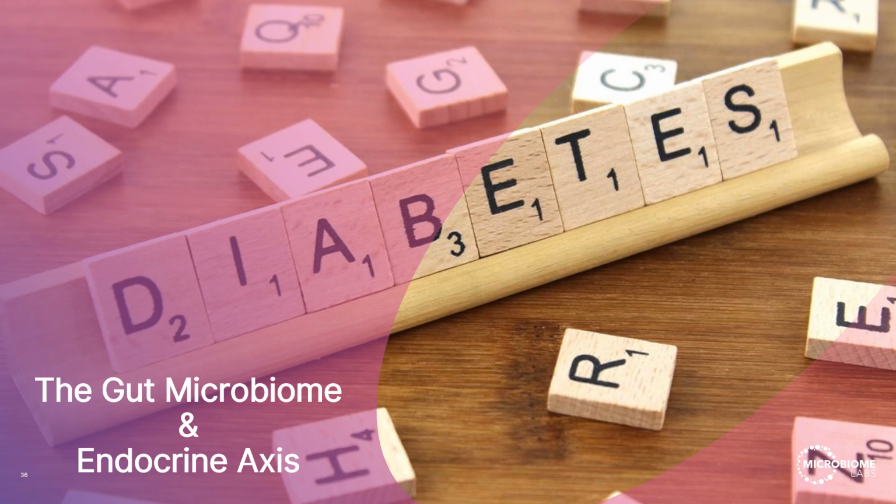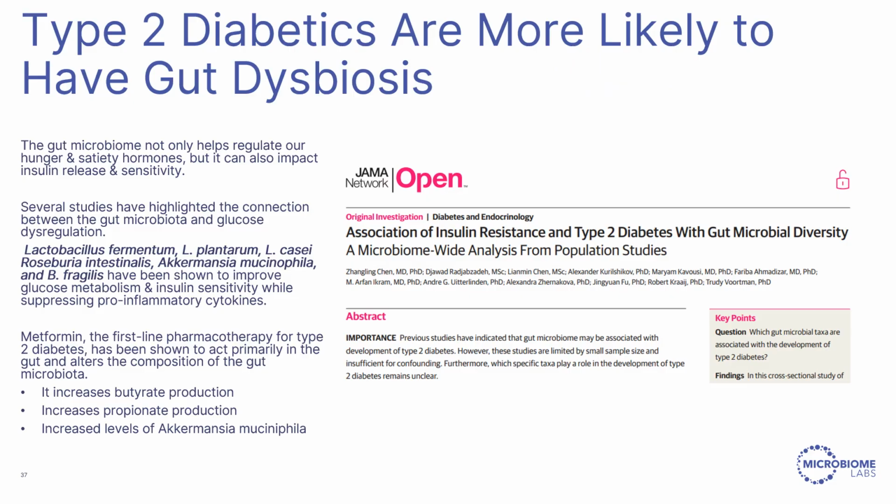Now let's discuss the connection between the gut microbiome and our endocrine system. This study in JAMA looked at the association between insulin resistance and type 2 diabetes with gut microbial diversity. And what these researchers found is that type 2 diabetics are more likely to have gut dysbiosis.